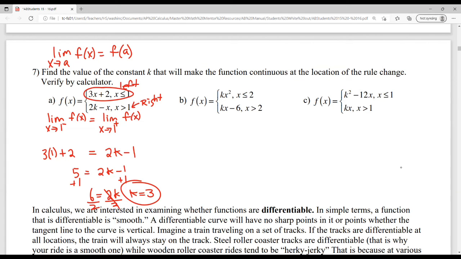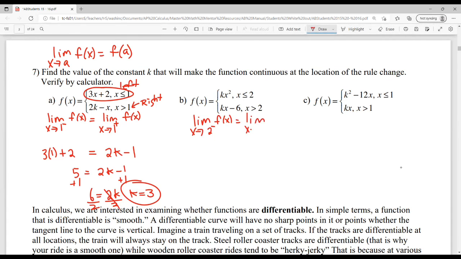Part B, similar. We're going to do the same thing. The limit as x approaches 2 from the left of f of x has to equal the limit as x approaches 2 from the right of f of x. So we're going to plug 2 in for x. So we get k times 2 squared has to equal k times 2 minus 6.